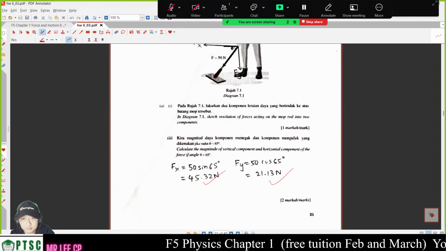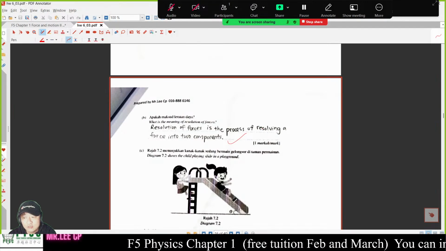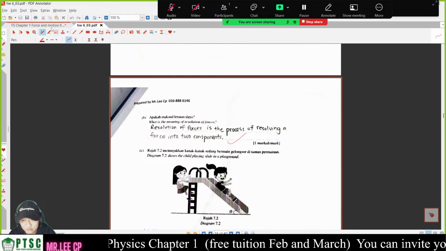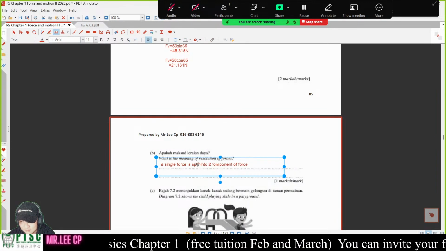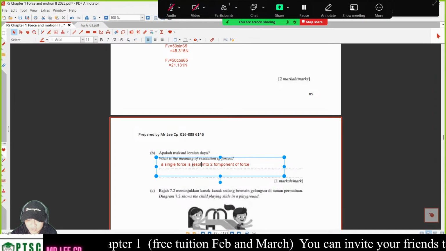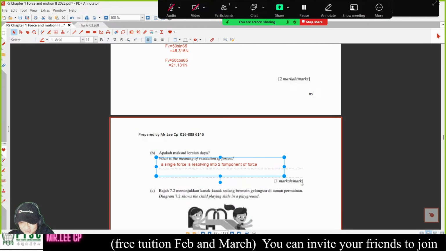Okay. Resolving should not use split. Resolving a force into two components, not split. Resolving is better. Yeah, I forgot this word.